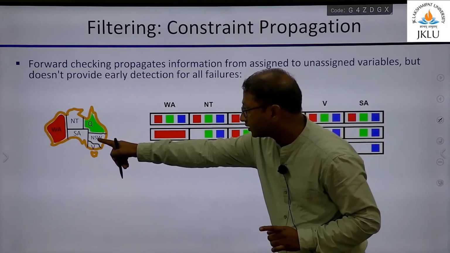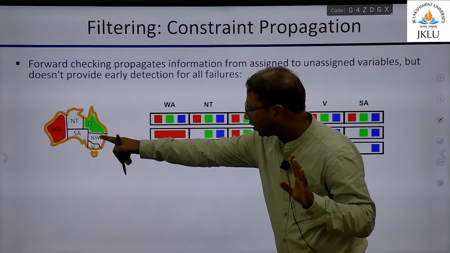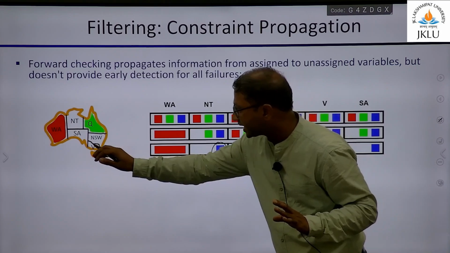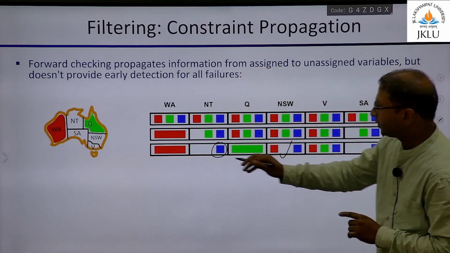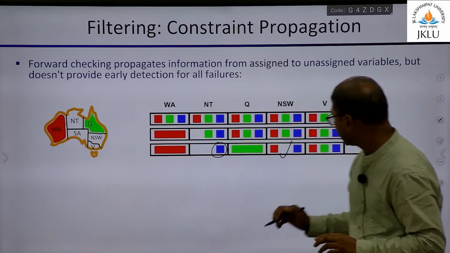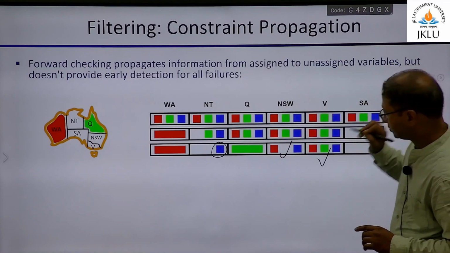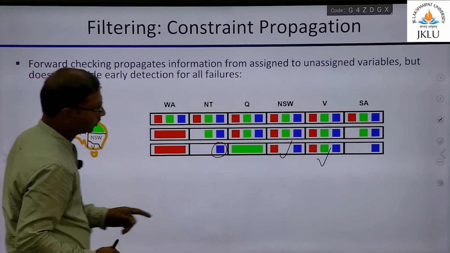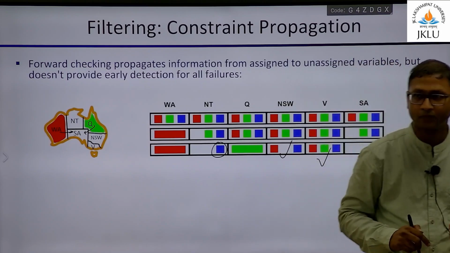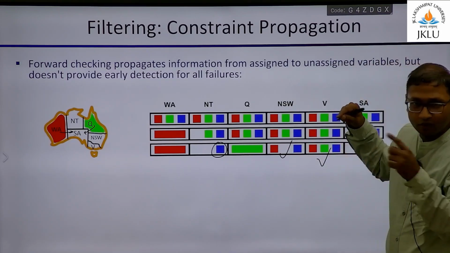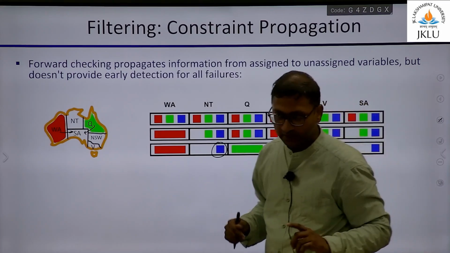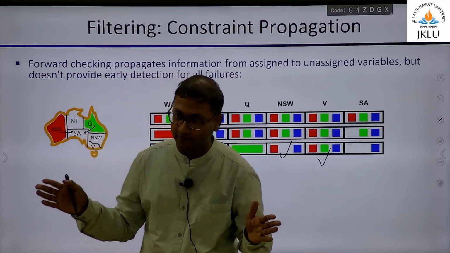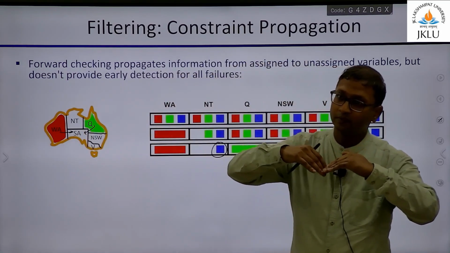NSW can be red or blue. Victoria, because none of its neighbors are colored, can take any value. SA, because it's a neighbor of these two guys, can take only blue. Okay? So you keep on crossing off the domains for these guys. If you are left with no coloring possible for any of the variables, then you have to backtrack.